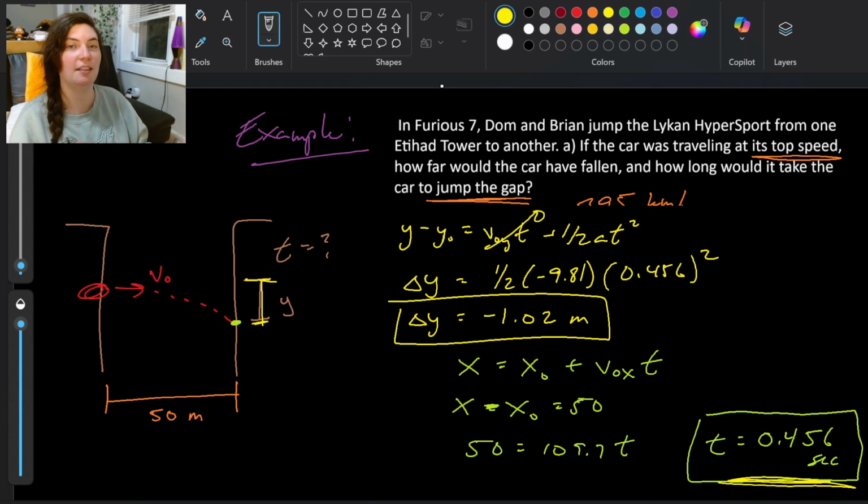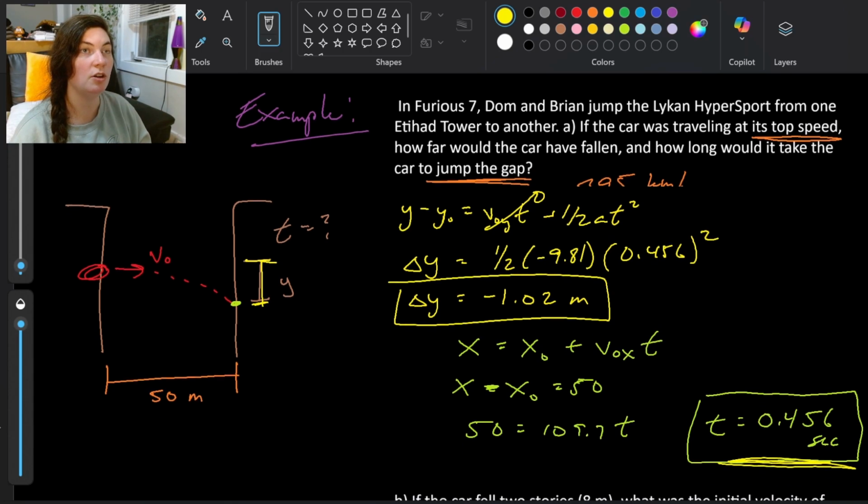The amount of time and the distance you would need to cover in order to work up from this car going from 0 to 395 kilometers per hour is probably longer than the tower is. So it may not be realistic that it's taking half a second to jump between towers and it's only falling a meter. So let's take a look at this problem from a little bit different perspective.